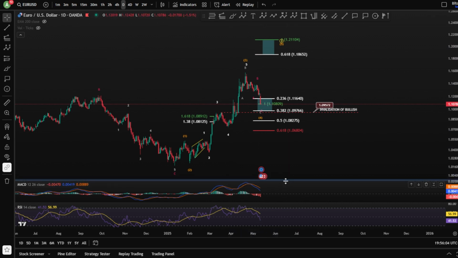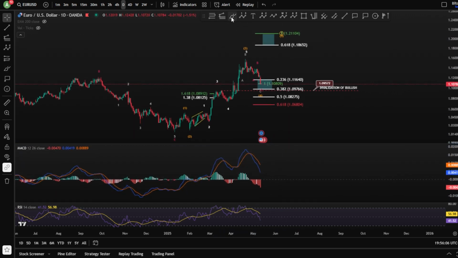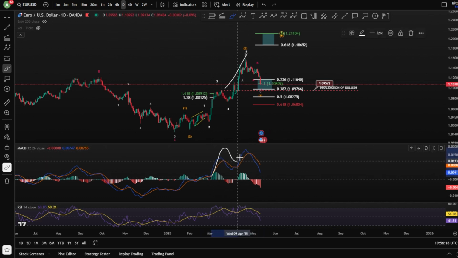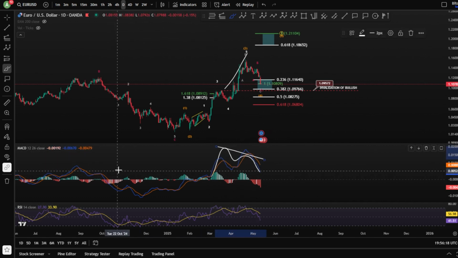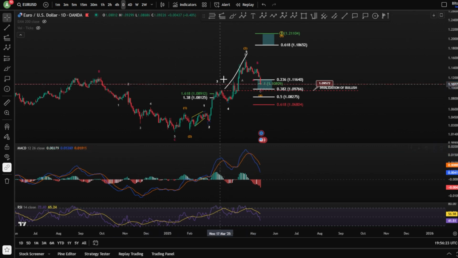As a bearish signal on the MACD, you would like to see the MACD top lower than the previous one. This is not a bearish signal. This is exhaustion, and it needs to rebound.